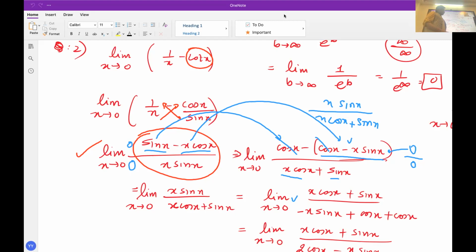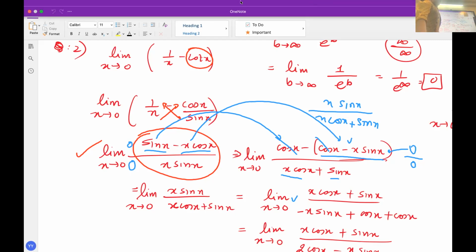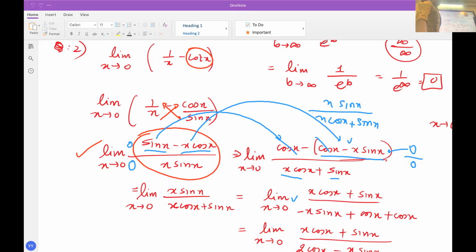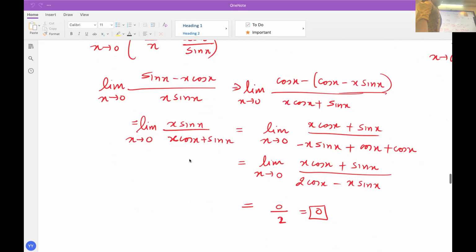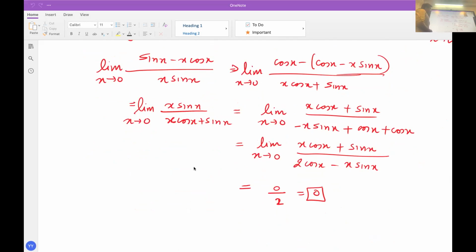At this stage, we have to be a little careful to keep checking at every step whether your answer is converging to 0 by 0 or not. In the last step, the numerator becomes 0 when you put x as 0, but the denominator is not 0, it is coming as 2.